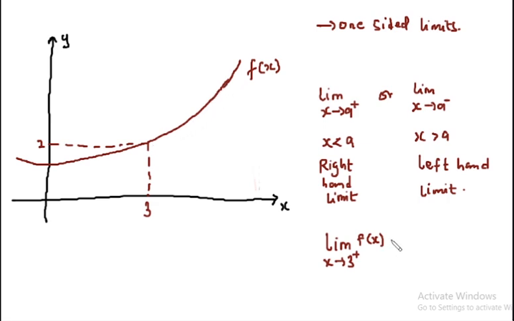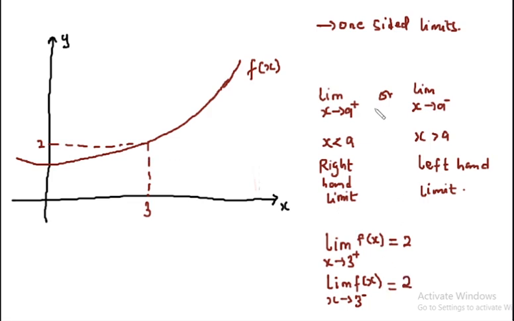The right hand limit here is equal to 2. Now, the left hand limit, that's the limit of f of x as x approaches 3 from the negative side. If we follow the graph, we notice that as x is getting closer and closer to 3 from the left hand side, it is still 2.